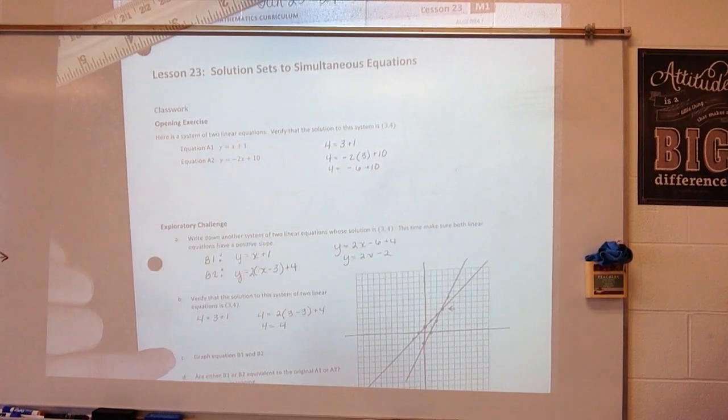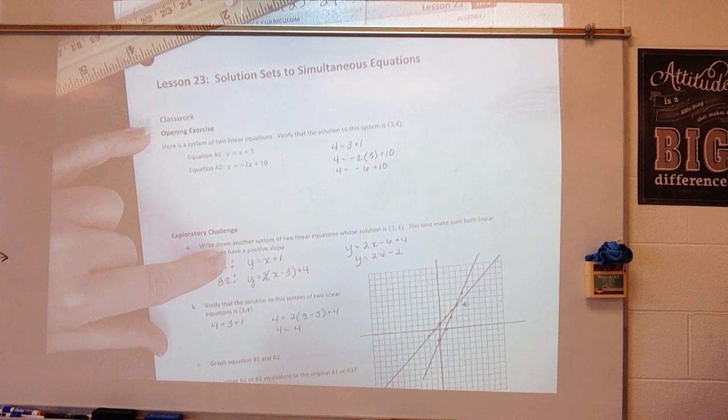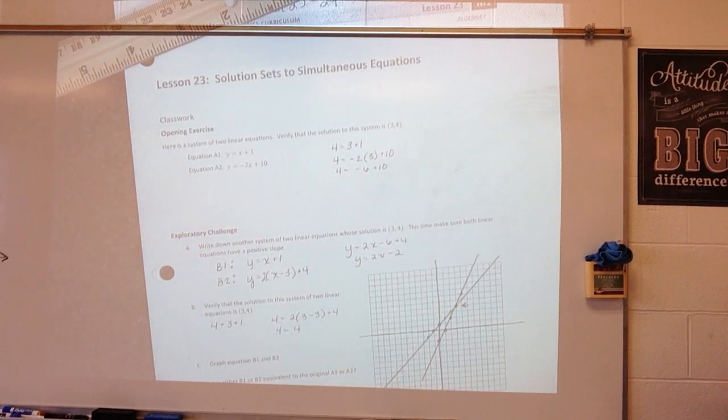So yes, I used the same equation for B1 as A1. Okay, so that's okay. B2 was different.